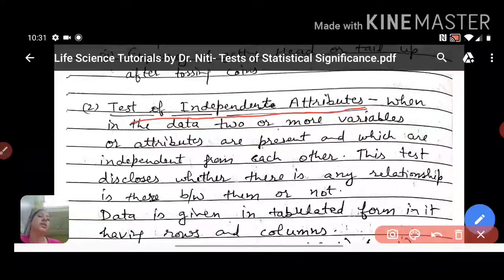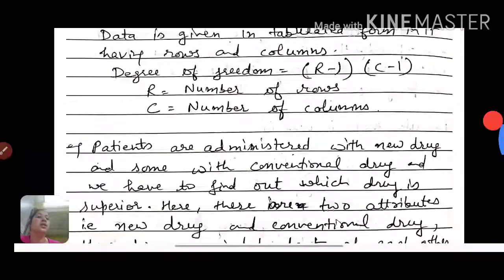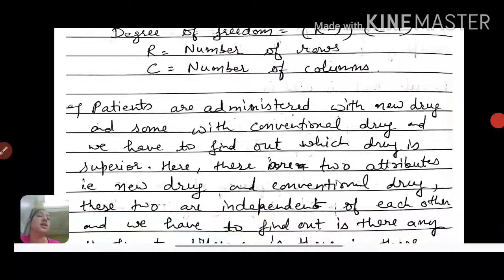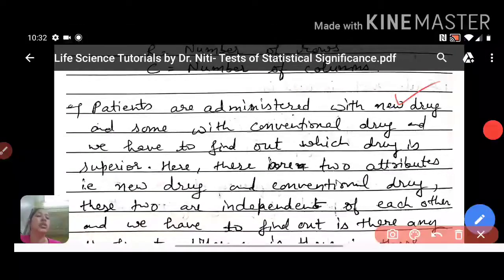Suppose I take an example: some patients are administered a new drug, and some patients are administered a conventional or old drug, and you have to find out which drug is superior. There are two different attributes, the new drug and the conventional drug.